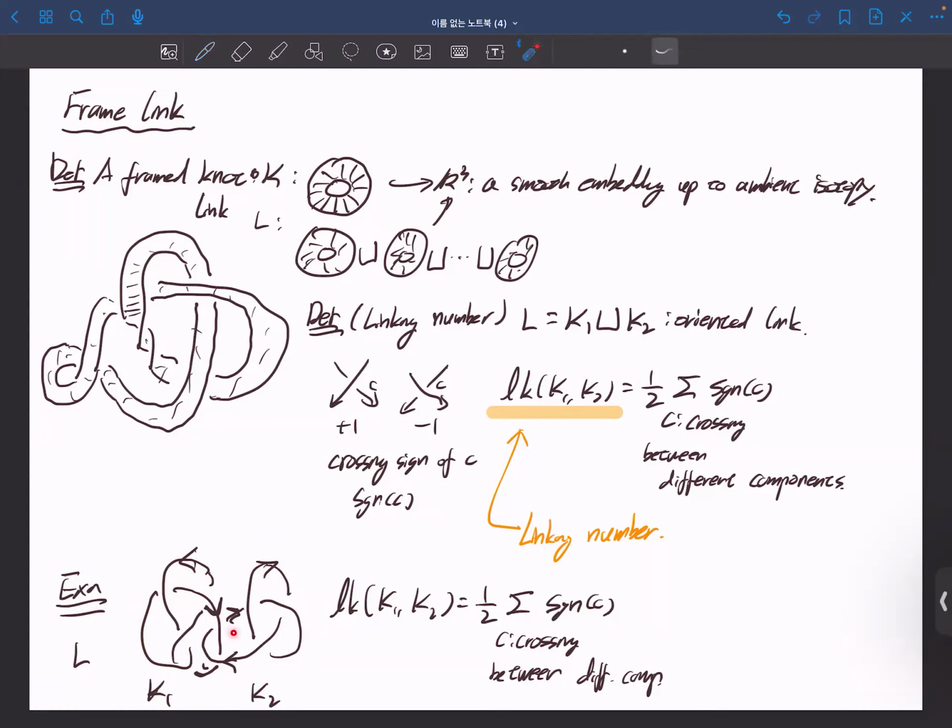Then this crossing has crossing sign +1, and similarly, the other one also has +1. Then their linking number is (+1 + 1) divided by 2, which is 1. In this case, the linking number is equal to 1.